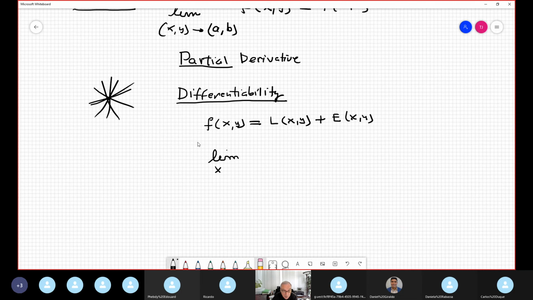When the x comma y approaches the one specific point I want to analyze, a comma b, and the error, this error is the difference. Here you subtract the original function minus the linear approximation, which is the tangent plane, guys. It's the tangent plane.